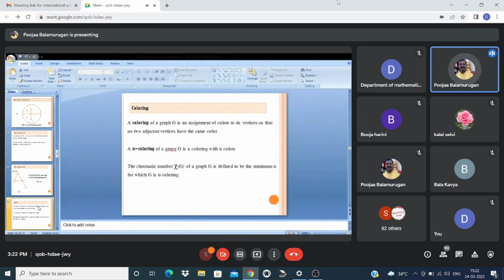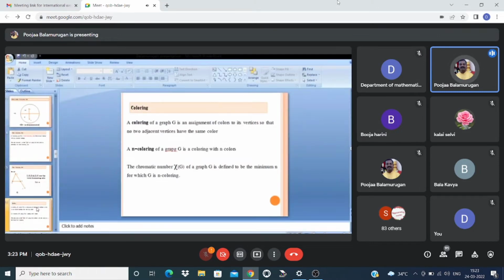Okay, now we have discussed domination. What is a dominating set? What is a strong dominating set? What is a weak dominating set? What is a connected dominating set? What is a disconnected dominating set? And total dominating set, right? So many more parameters we have to discuss. Here, totally disconnected dominating set is a new domination parameter.